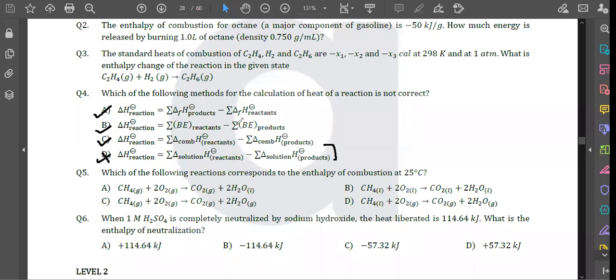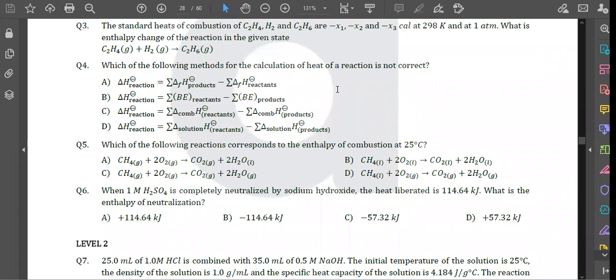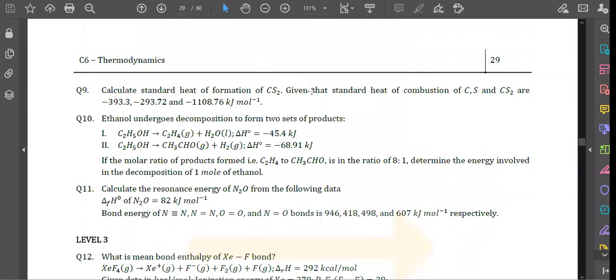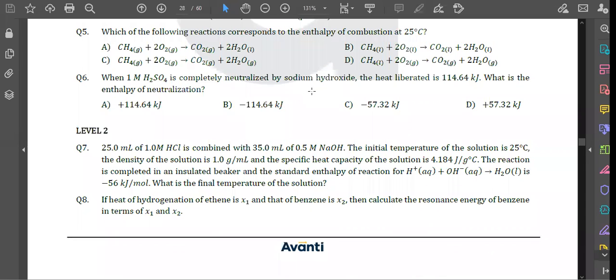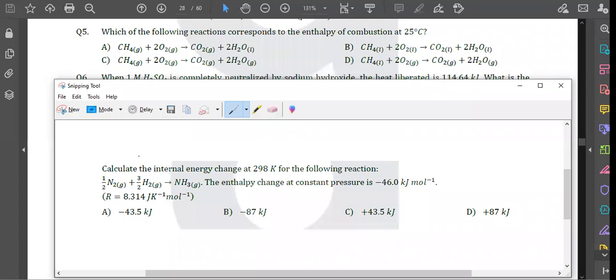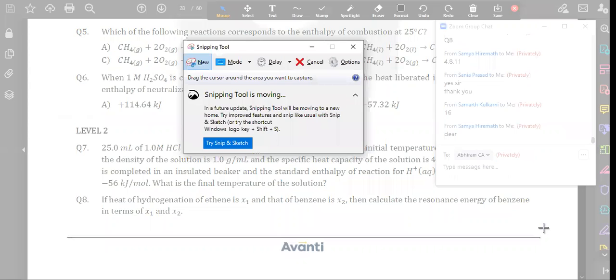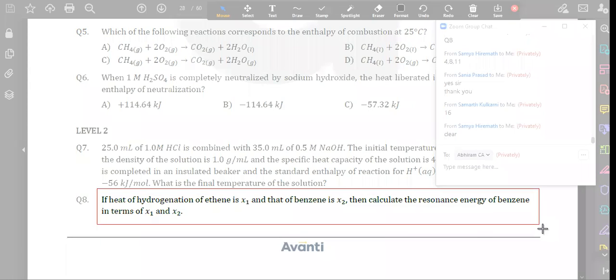So after question 4, question 8. Let's see question number 8. What was question number 8? The heat of addition of, okay.